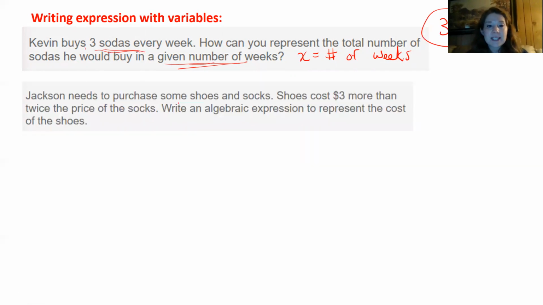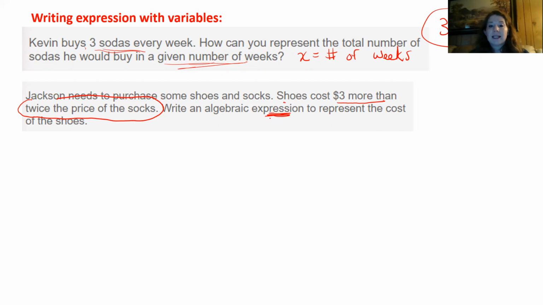Jackson needs to purchase some shoes and socks. Shoes cost 3 more than twice the price of socks. Write an algebraic expression, no equal sign, to represent the cost of shoes.